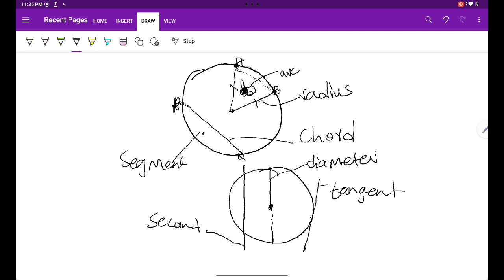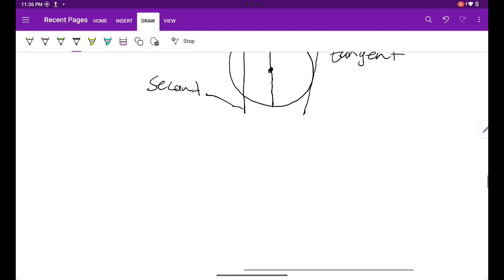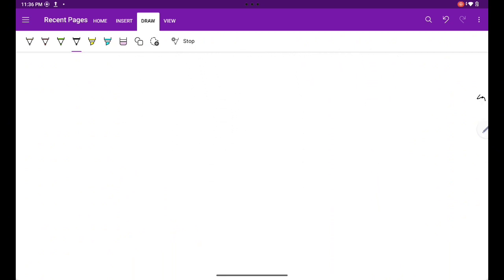It's a line that passes through the circle, but we don't really talk about it in the theorems. So we will be going straight into the first circle theorem.